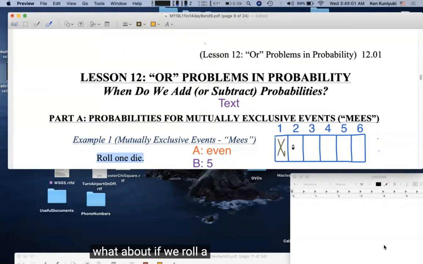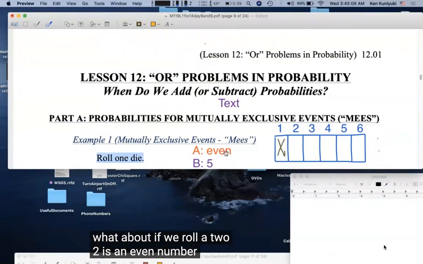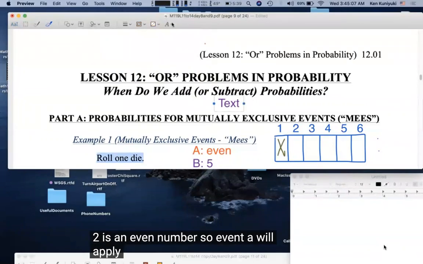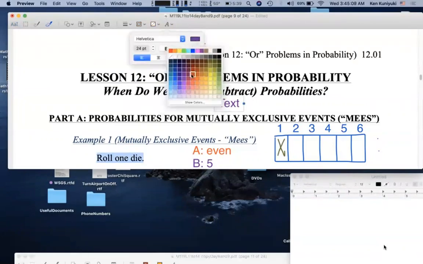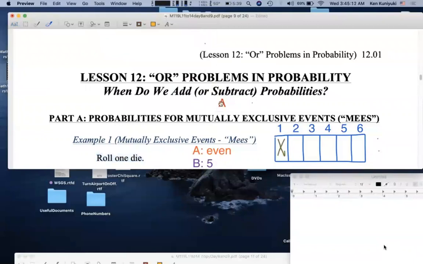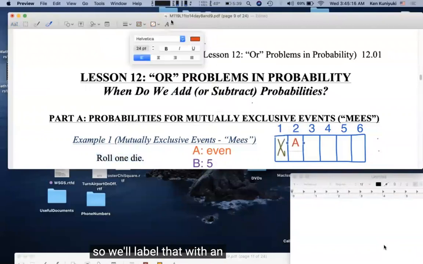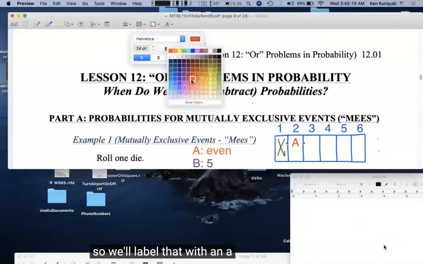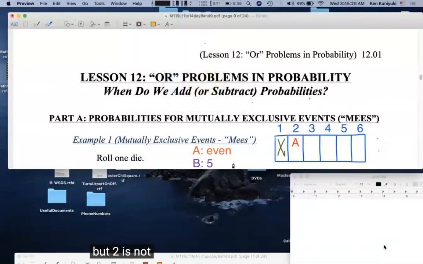What about if we roll a 2? 2 is an even number, so event A will apply, so we'll label that with an A. But 2 is not a 5, so B is not satisfied.